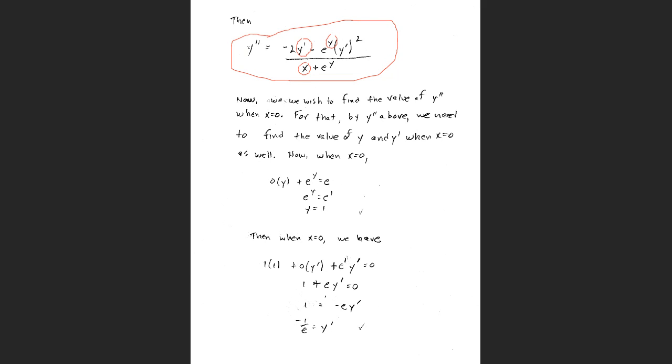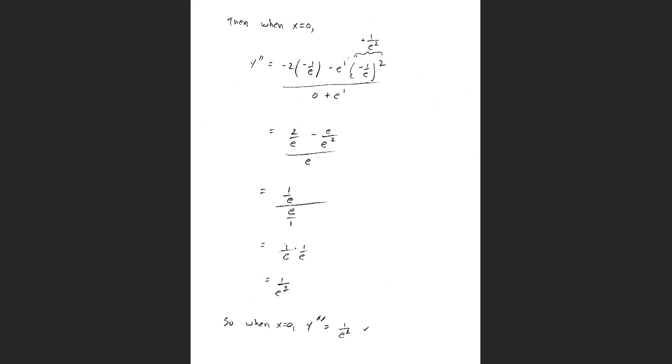So all the variables and the derivatives, we can substitute their values in. When x equals 0, y double prime equals this value when we put in the values. So take a moment, look it over.